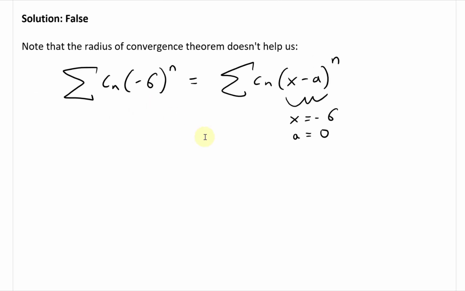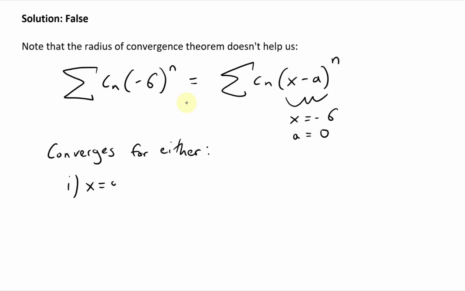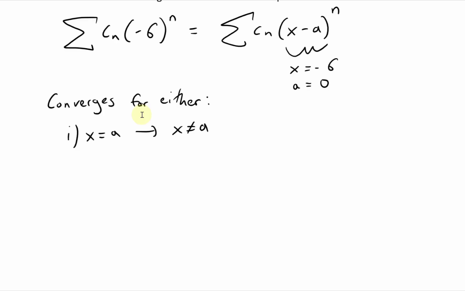Alright, so we have the three cases now. So it converges for either, so I'll just put that for completeness. If we have x equals a, in our case, x is not equal to a, because x is equal to negative 6, so negative 6 is not equal to 0, where that is a over there.